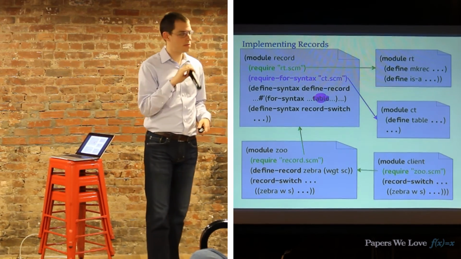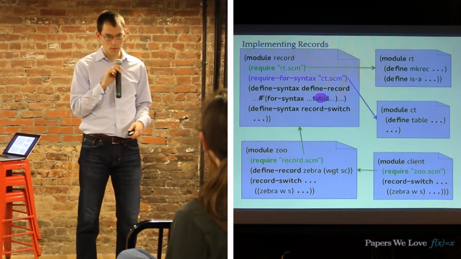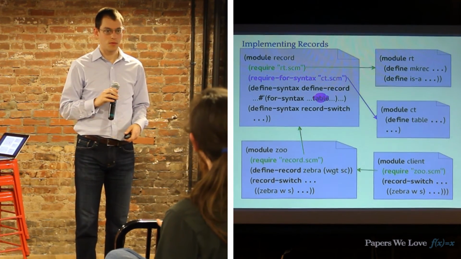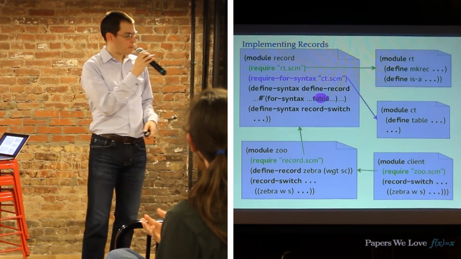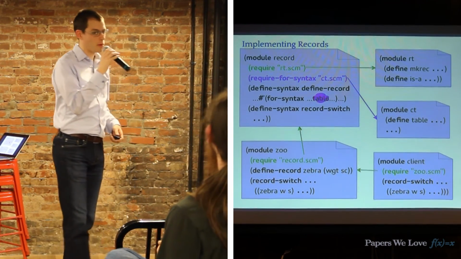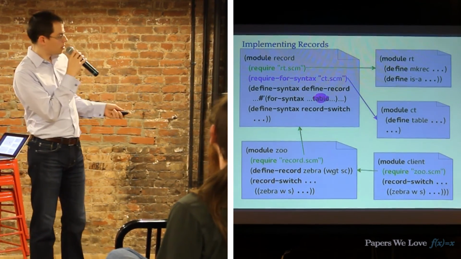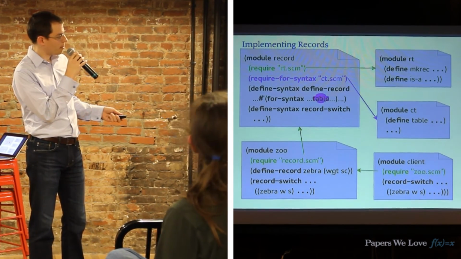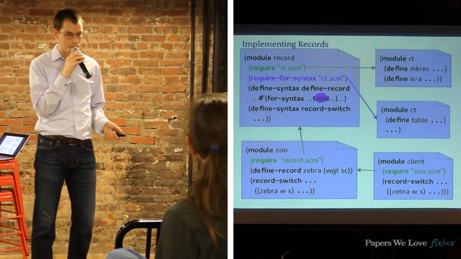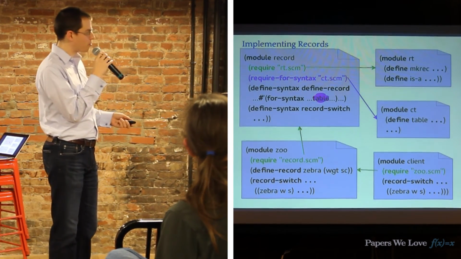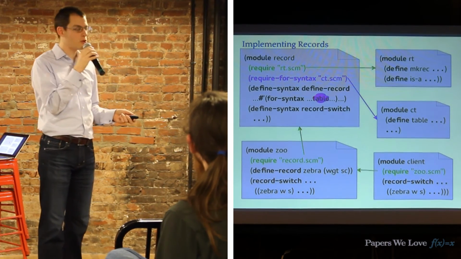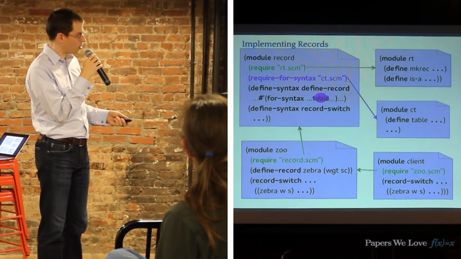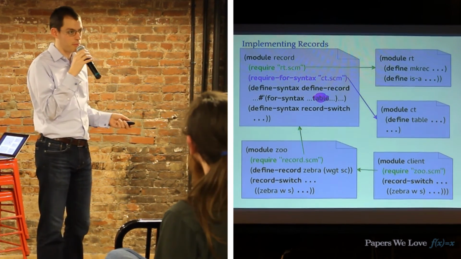So wait, is the problem that we have this table and we want to preserve it between compile time, when it's created, and also have it around at runtime? Not quite. The problem is that we want define record to know something at compile time, which is how many fields zebras have. And the way it communicates between the define record form and the record switch form is it uses this compile time table.